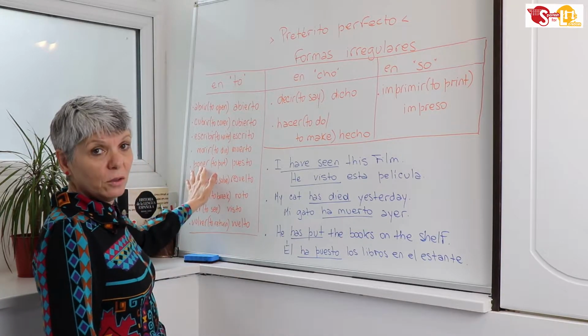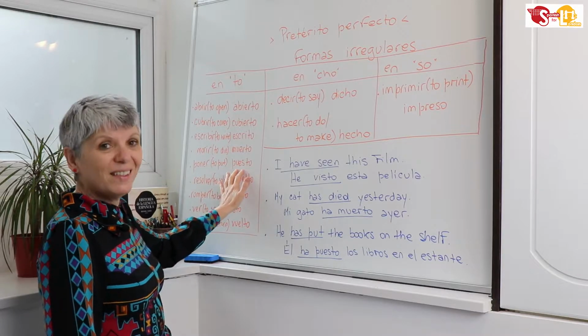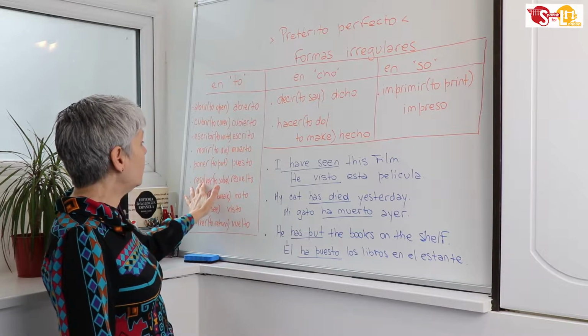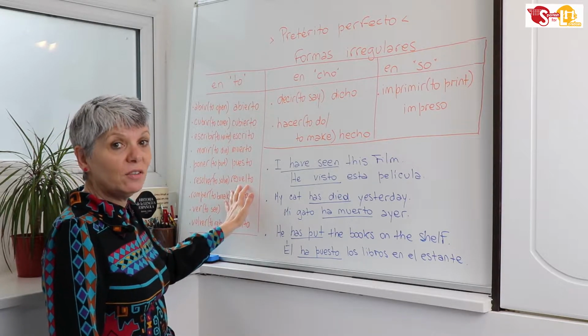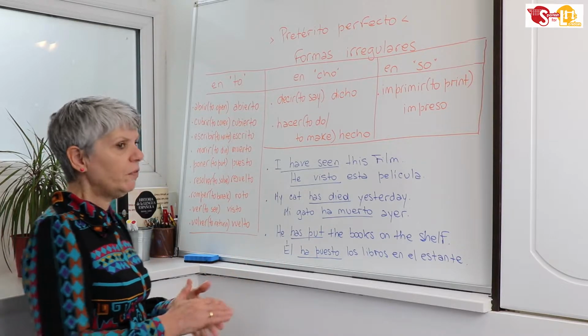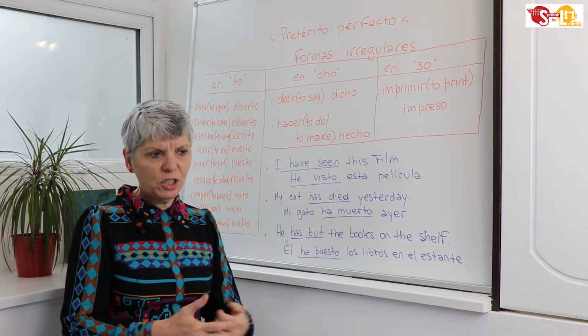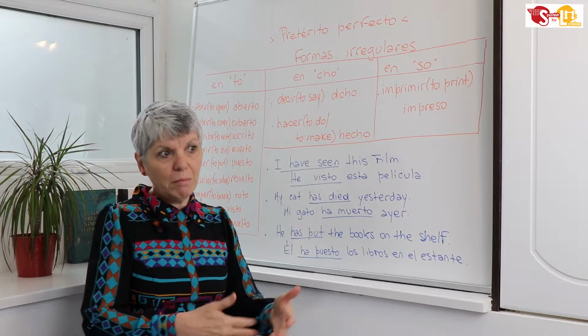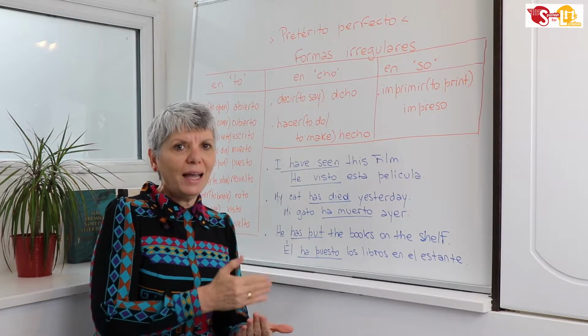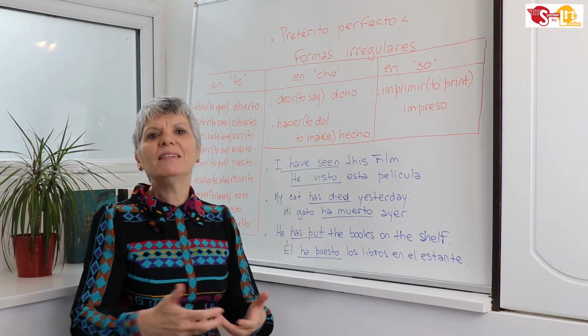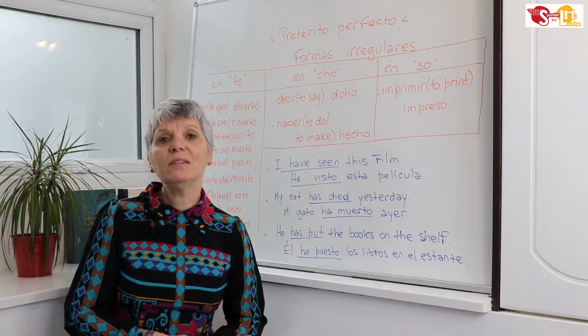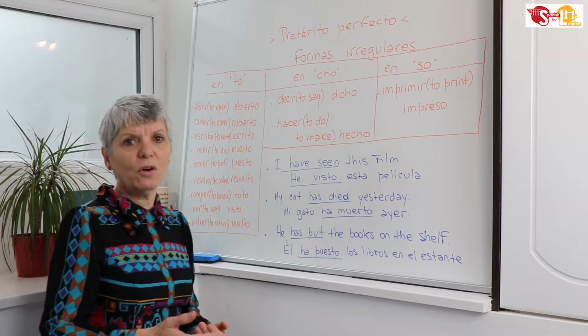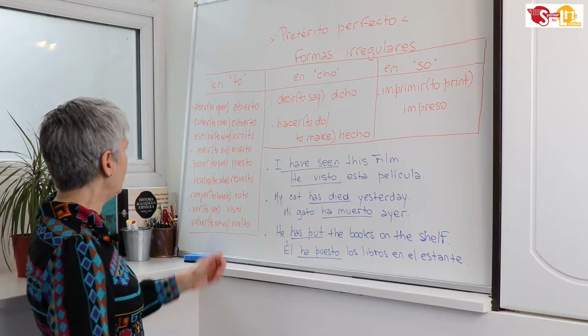Por poner, to put, we say puesto. For resolver, to solve, resuelto. So I have solved my activities for math, for example. So he resuelto my math exercises, mis ejercicios de matemática. I have solved them, los he resuelto.